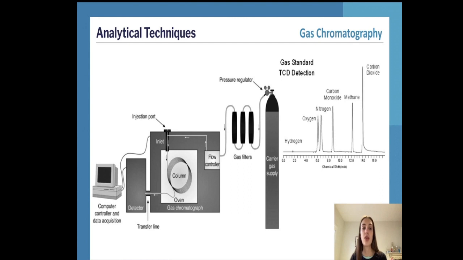Because each molecule is going to have a distinct boiling point, we can determine that there's a larger quantity or a smaller quantity of each specific one being produced. So that is gas chromatography, and that sums up all of our main chromatography techniques which we need to know.